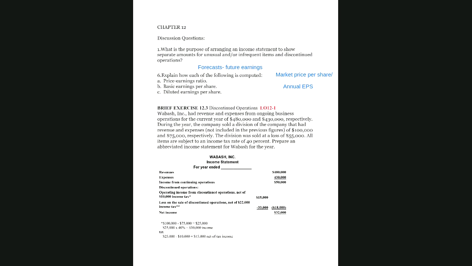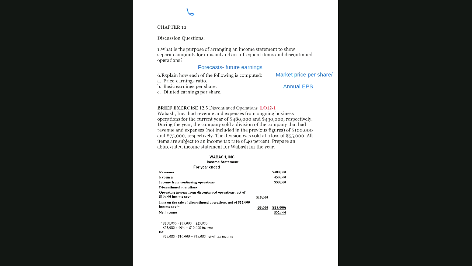All right, so now let's do the next one, basic earnings per share. I'm a little limited for space, so I'm going to put B up here, basic earnings per share. When I ask on a quiz or an exam, what's the formula for basic earnings per share?